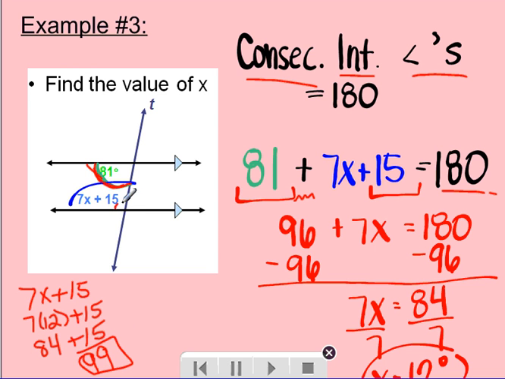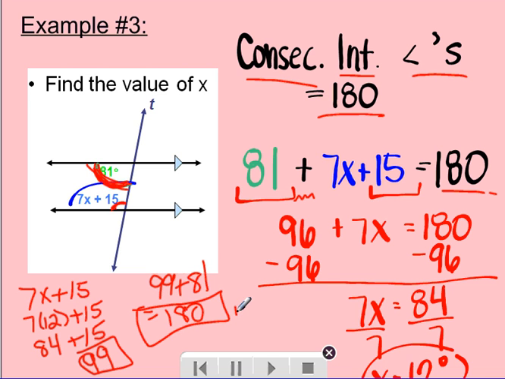So if this angle is 99 and this angle is 81, they should add up to equal 180 degrees because they're consecutive interior angles. So 99 plus 81, it does indeed equal 180, so we know that we did the problem right.